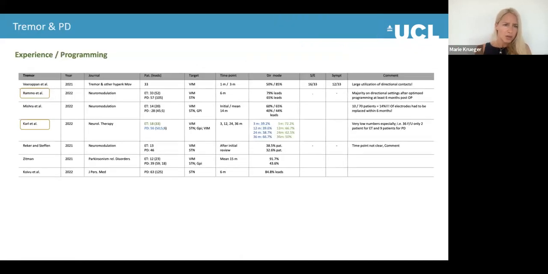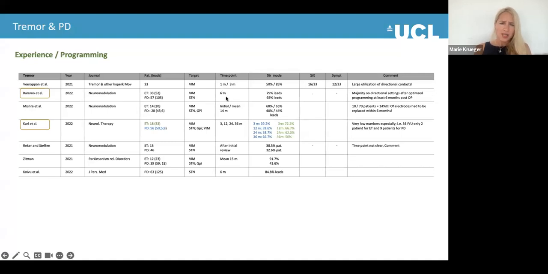There are 6 papers looking at STN and tremor, and 1 looking at VIM only, 1 looking at STN only, so 7 publications in total. Reasonable numbers. Main targets were the VIM and the STN, very few that used GPI for PD patients.